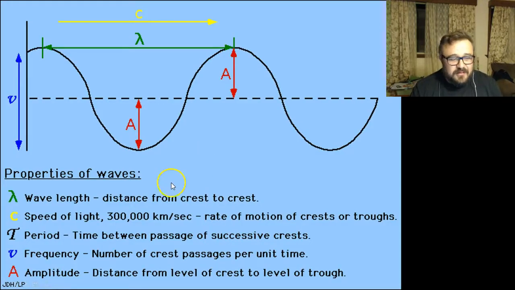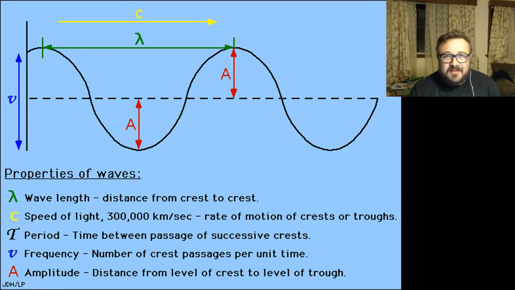So just to show us that relationship again, these are the properties of waves. Wavelength is the distance there. Speed of light is 300,000 kilometers per second, or 3 times 10 to the 8 meters per second. This point of energy right here will travel that distance in 1 second, and that speed's constant. That doesn't change, and that's in a vacuum.